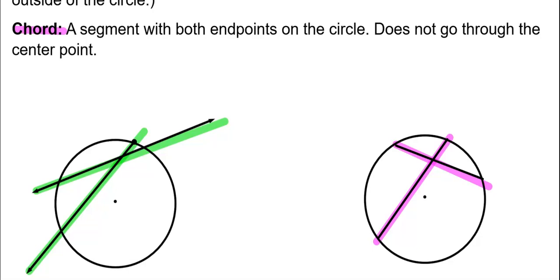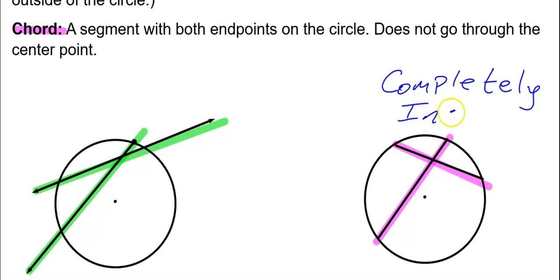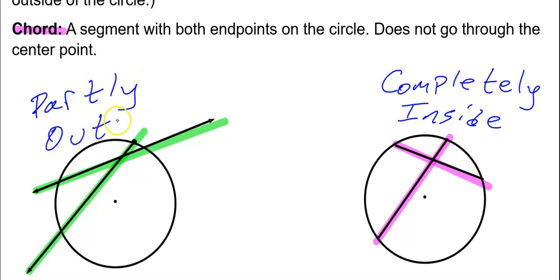Chords are completely inside the circle, and a secant is at least partly outside. So a secant extends out of the circle, a chord stays completely inside the circle.